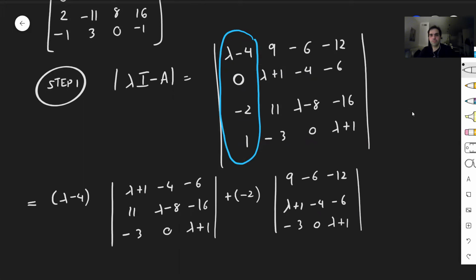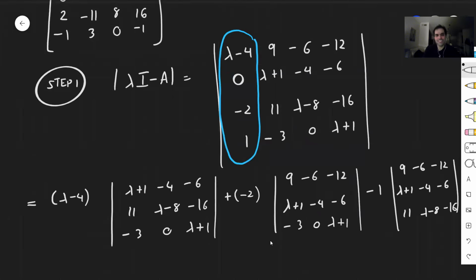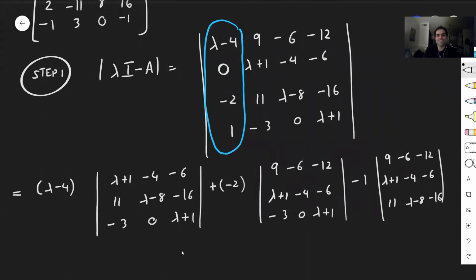And lastly, plus minus, so -1 times determinant of this thing, 9, -6, -12, lambda plus 1, -4, -6, and then 11, lambda minus 8, and then -16. All right, so we did this 4x4 determinant. Now we have to do a bunch of 3x3 determinants.